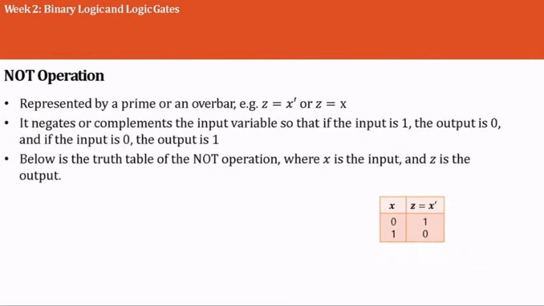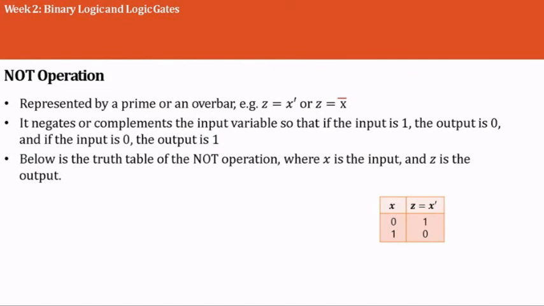Next we have the NOT operation, or sometimes we call this one the complement. This operation is represented by a prime or an overhead bar. So we should have a bar here.